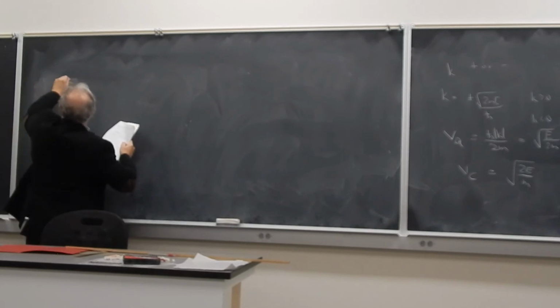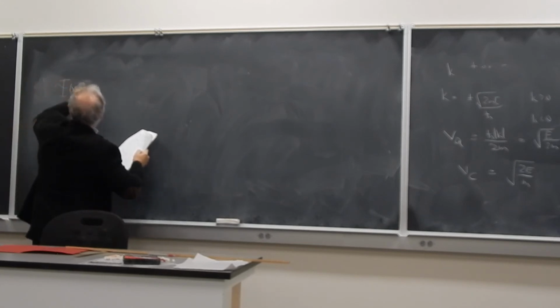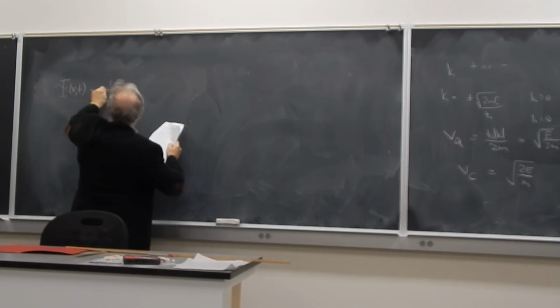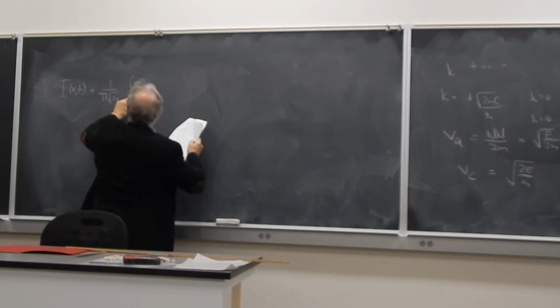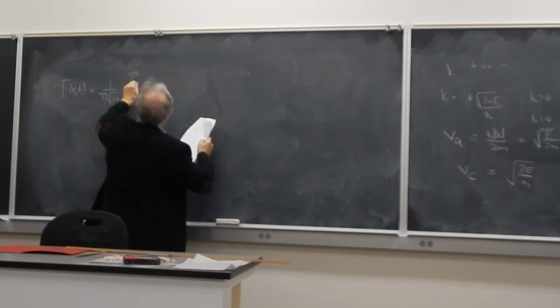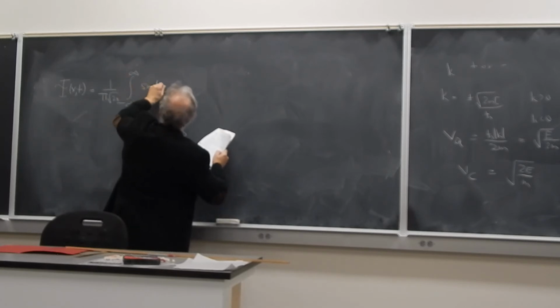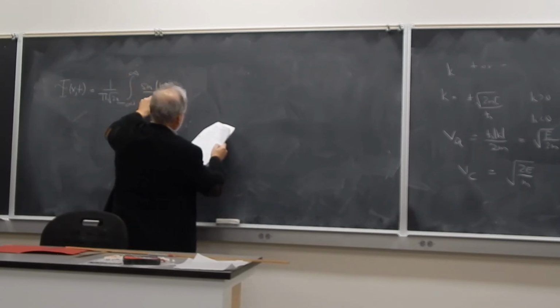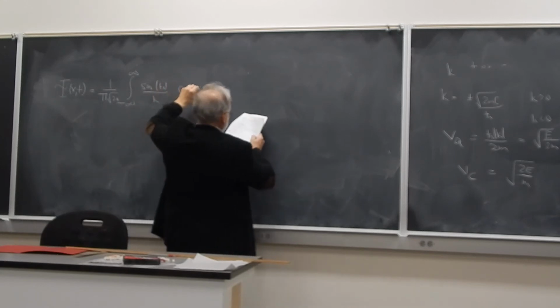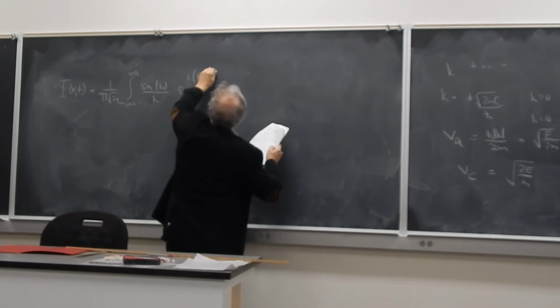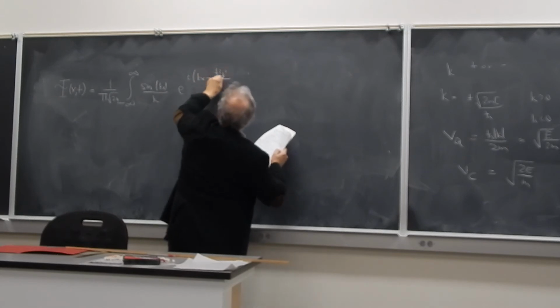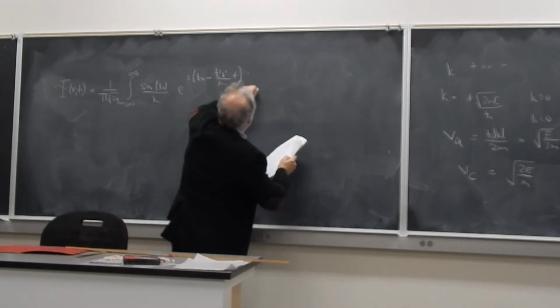Psi of x and t then is equal to 1 over pi square root of 2a, integral minus infinity to infinity sine ka divided by k, e to the i(kx minus h bar k squared over 2m times t) dk.